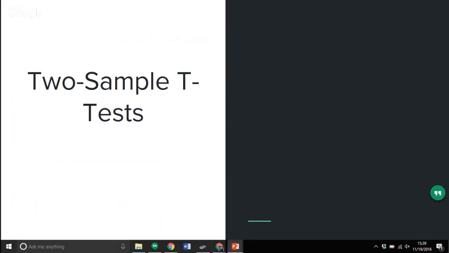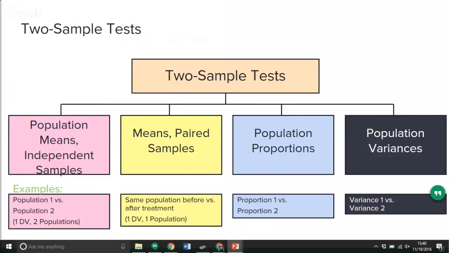So let's go to two-sample t-test, because two-sample t-test now is where we start getting into differences between multiple variables or multiple groups, okay? We have a couple of different types of two-sample t-tests. What we are going to focus on in this particular class, and this fits with the decision tree I talked to you about, is whether there are independent samples or paired samples.